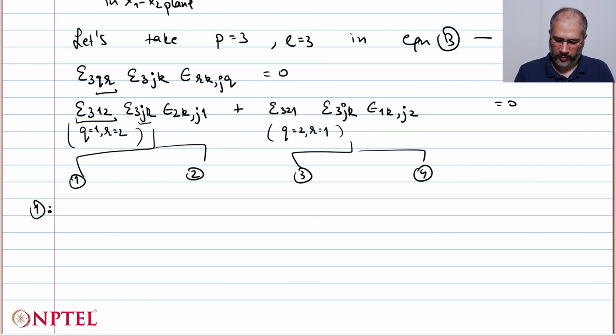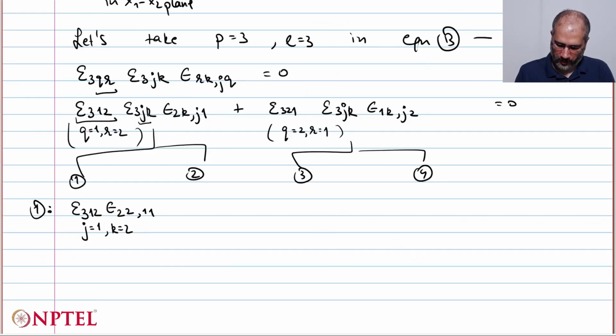I'll simply remove that here. So we have epsilon 3. Now we'll take J equal to 1 and K equal to 2 in this case. This becomes epsilon 312 times strain 2, K is 2 now, and J is a 1.